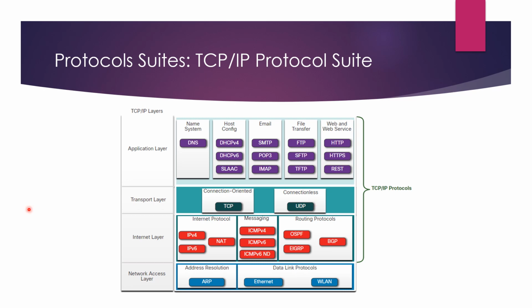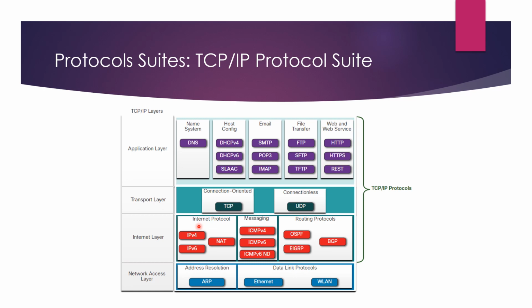And if we go to the other layer, the internet layer, it is the second layer of the TCP/IP protocol suite. If we go from bottom to top, we have the Internet Protocol, which has three protocols.